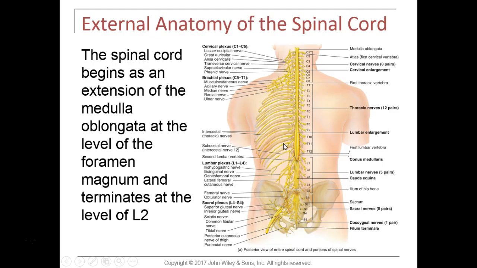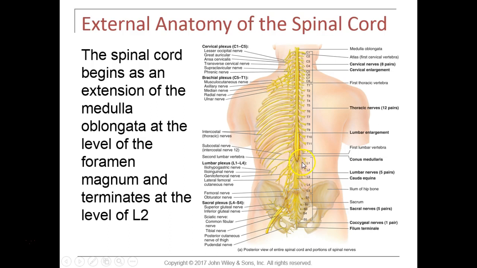Now, as far as the spinal cord is concerned, with its anatomical features, the spinal cord starts just after the medulla oblongata, and as it's exiting the foramen magnum out of the skull, the spinal cord then extends all the way down to the level of L2.